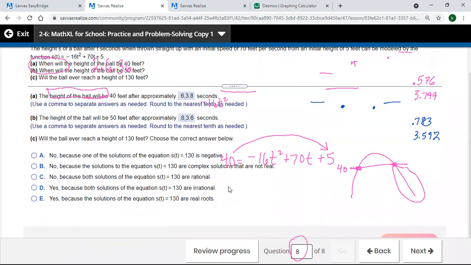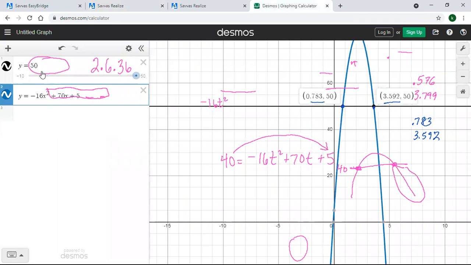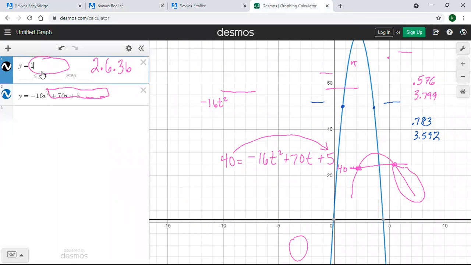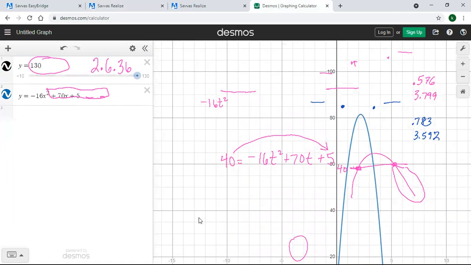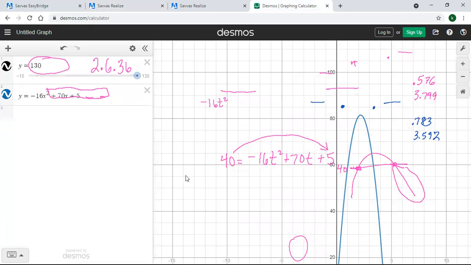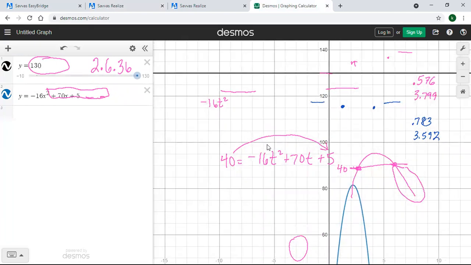All right, so continuing on with how they're doing the problem. And then it says, will the ball ever reach 130 feet? Well, this really is kind of cheating, just doing it on the graph. You can do it if you want with the quadratic formula, but what you're going to see is you would get a square root of a negative if you tried to solve this as an equation.